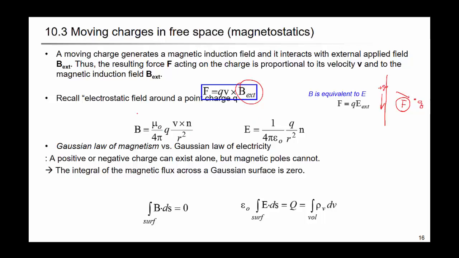So the electrostatic field around the point charge Q is this one, and this is the magnetic induction field around the point charge. This is the B.